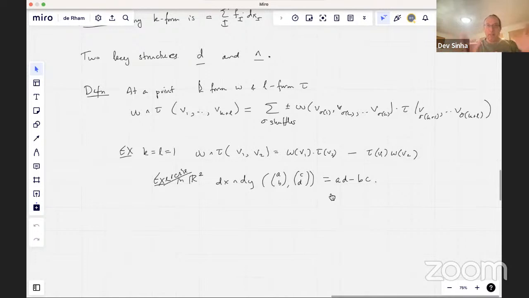This is happening in ways where I could also be projecting on any number of spaces. It's arbitrary Grassmann geometry. So a further exercise is to evaluate dx wedge dy wedge dz on three vectors.